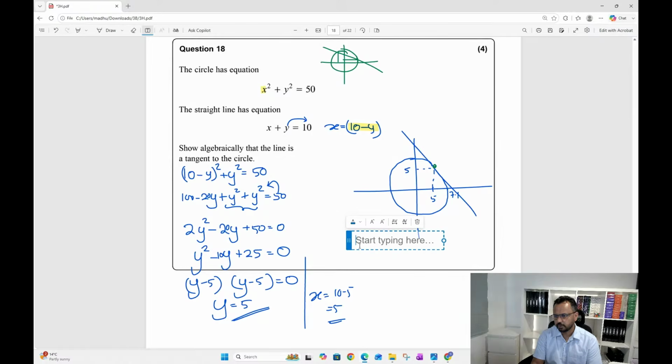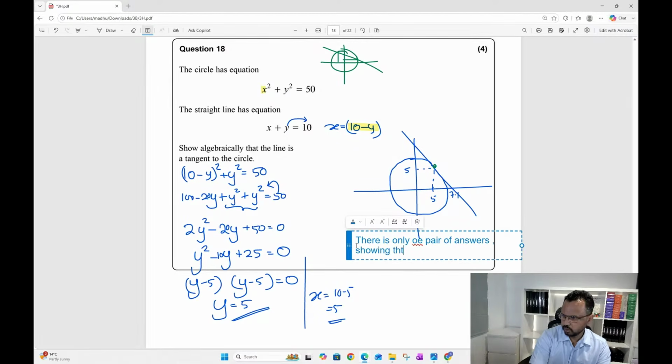So we can write here, there is only one pair of answers showing that there is only one common point for the circle and the straight line.